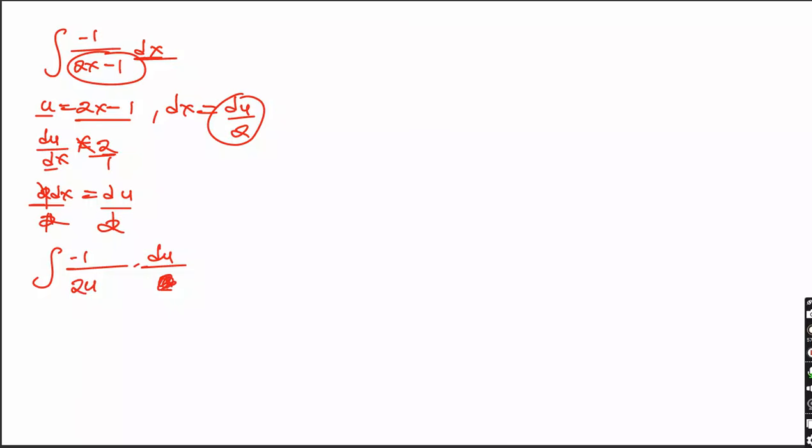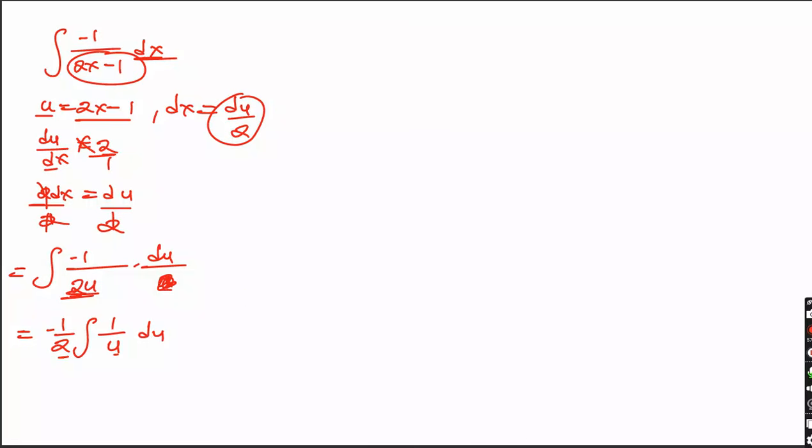Then you can factor out the negative half. We don't need a constant, so we're going to remain with 1 over u, because if you multiply this and this, you still get back to this. Then we have du.